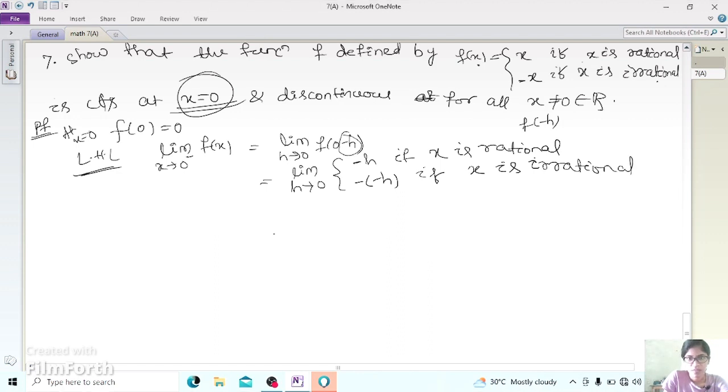Which equals limit h tends to 0 of minus h, here as well h, x belongs to Q and x does not belong to Q, which equals 0. Putting the value, it is the same, 0.